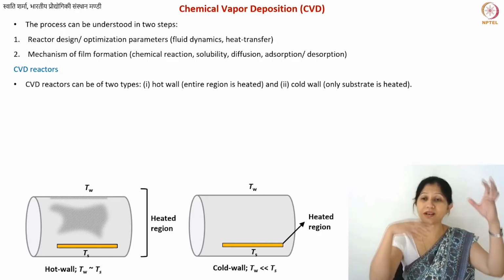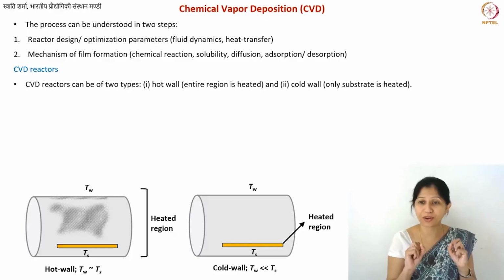Or you can also have the catalyst floating inside your entire chamber. So in the first type, the hot wall reactor, if you need a catalyst, if that support is very important, you can have these floating catalyst particles. Often in that case, you will have particles and not a film inside your heated chamber, and then you can get the deposits on the walls of your furnace. Okay, so that is number one.